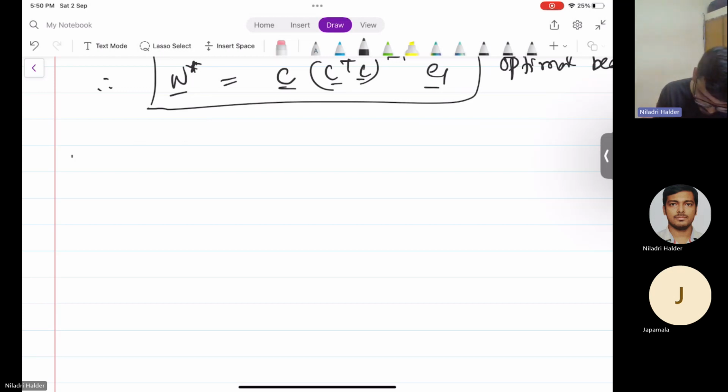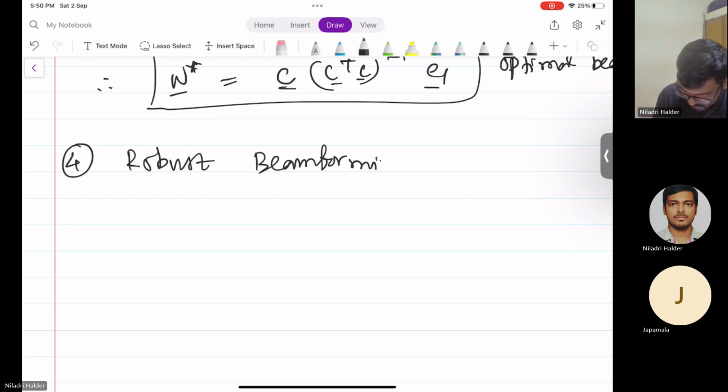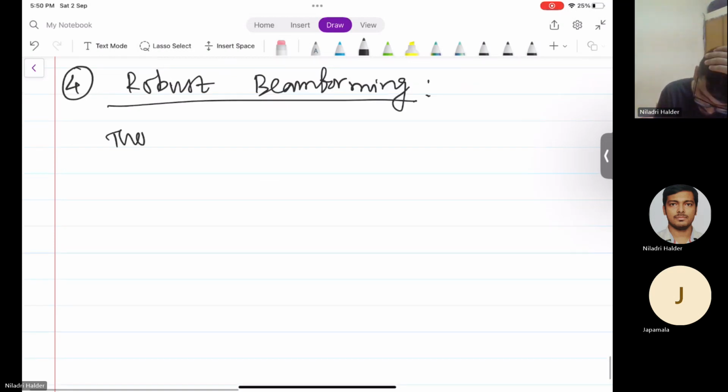Then the fourth and last beamforming is robust beamforming. Robust means there are some issues.